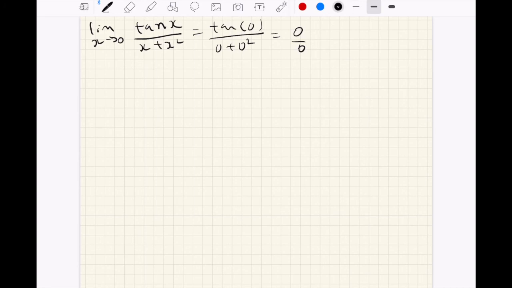Now, when you have a limit that's either 0 over 0 or infinity over infinity, then we use something called L'Hopital's rule.